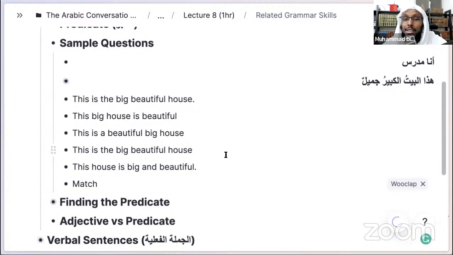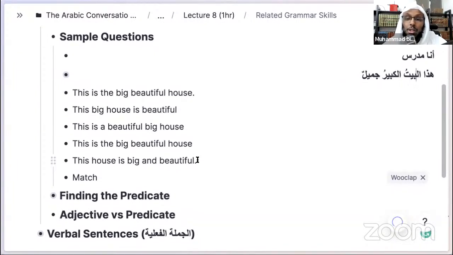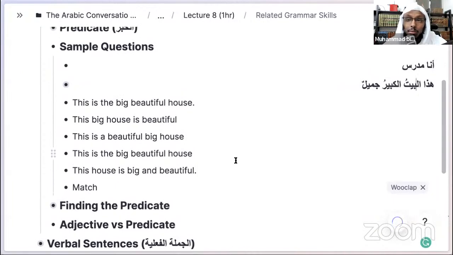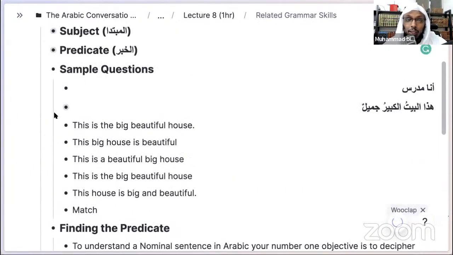Are we saying that it's beautiful and big? Is that the information we're giving? Or are we just saying that it is big? Or are we saying that it's beautiful? Okay, we'll come to it. In other words, what's the predicate? Finding the predicate. How do you find the predicate?